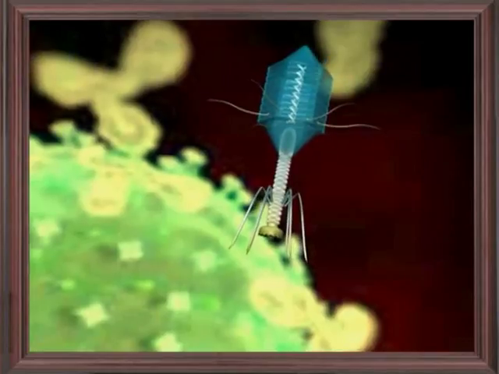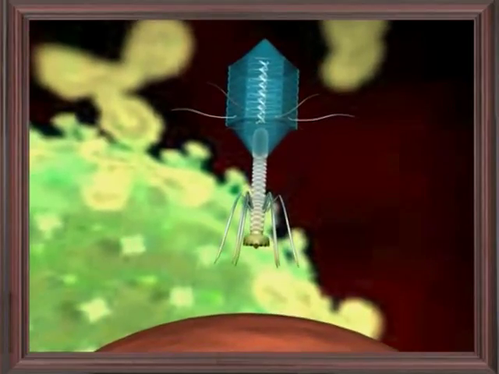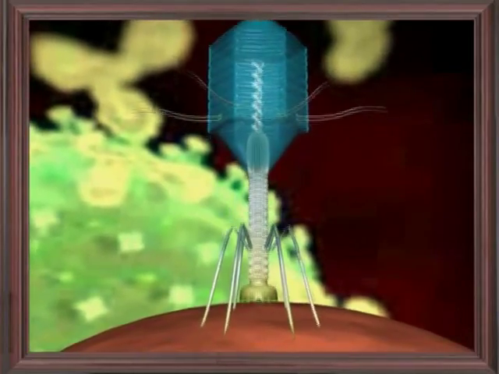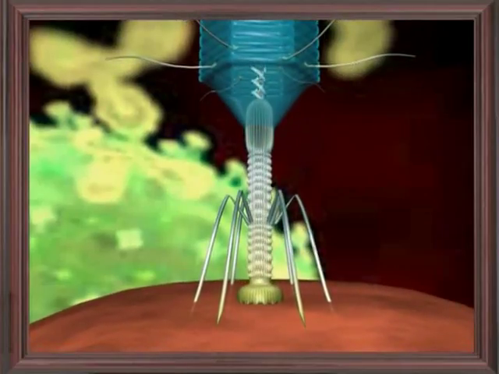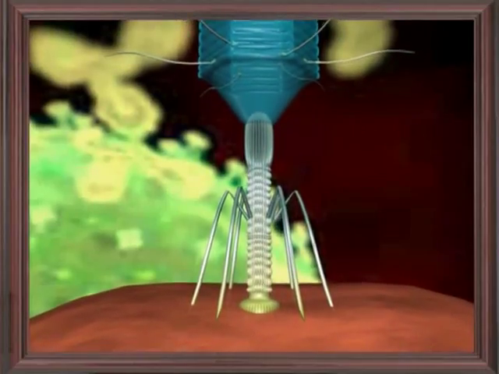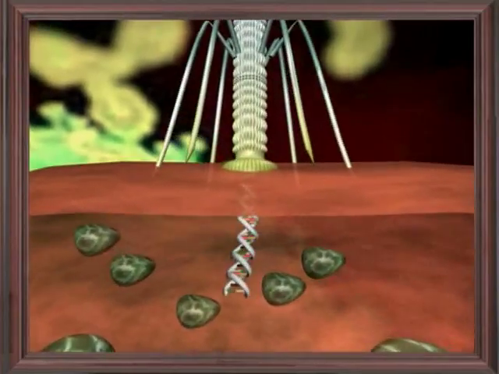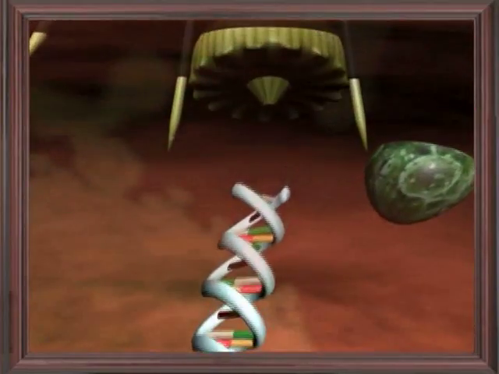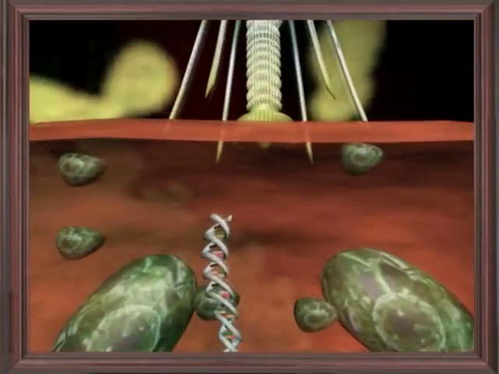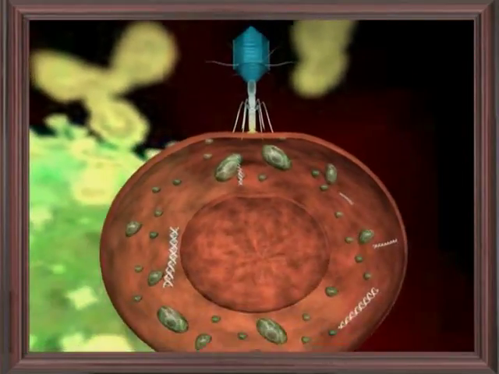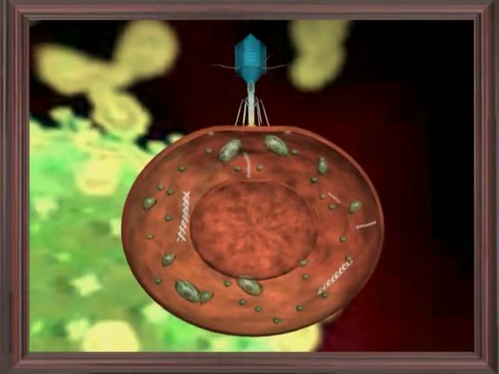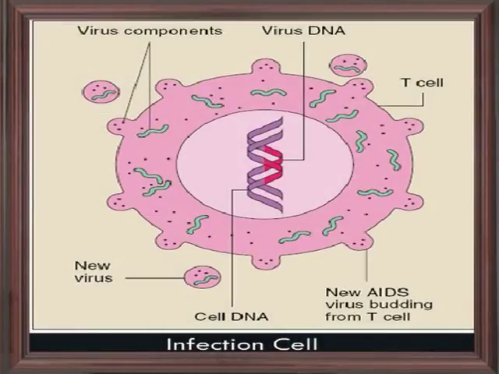The genetic material of the virus takes over the genetic material of the host cell and multiplies in the host cell. It produces a large number of tiny viruses. These viruses break open the host cell and are released outside. They now enter new cells. Thus, the virus spreads, spreading the infection as well.